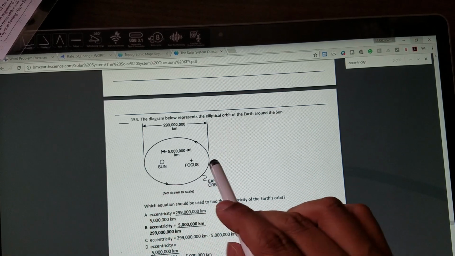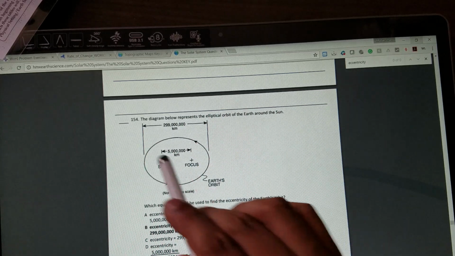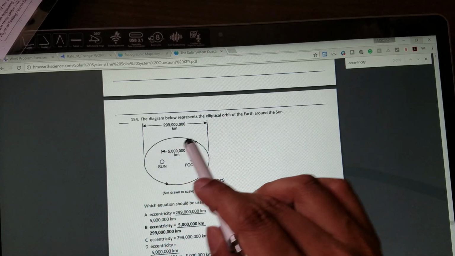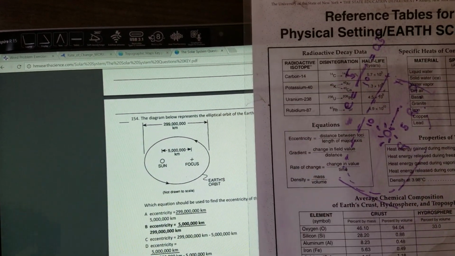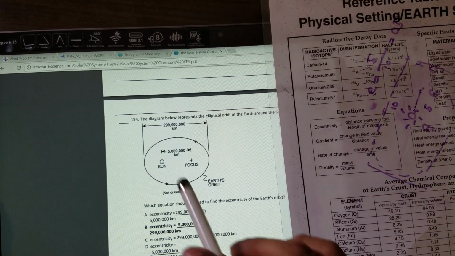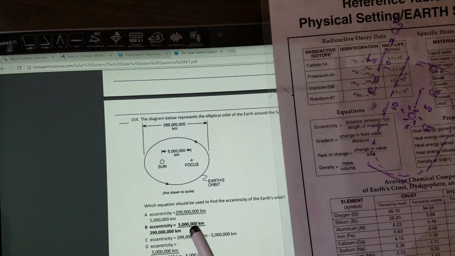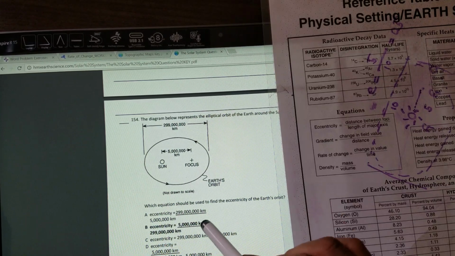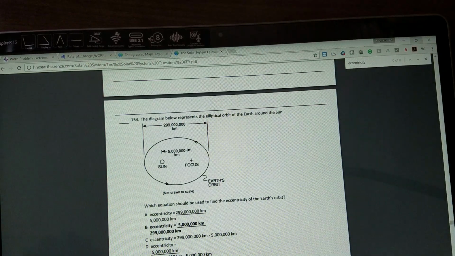The distance between the two foci is given, and you also have the length of major axis. If you know the equation, the distance between two foci divided by the length of major axis, and you look at the options, the answer is already given. It's B, which shows the distance between the two foci and the length of major axis. So that's why the choice is B, which is very simple.